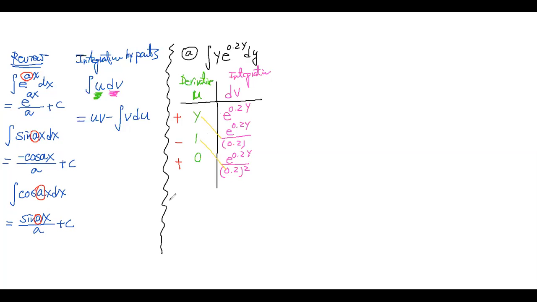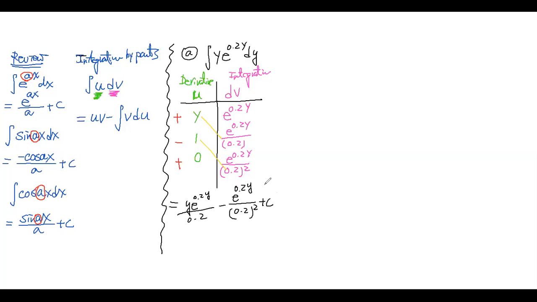All right, so the final answer for this one will be y times e to the 0.2y over 0.2. Then this is a minus, so minus e to the 0.2y over 0.2 squared.